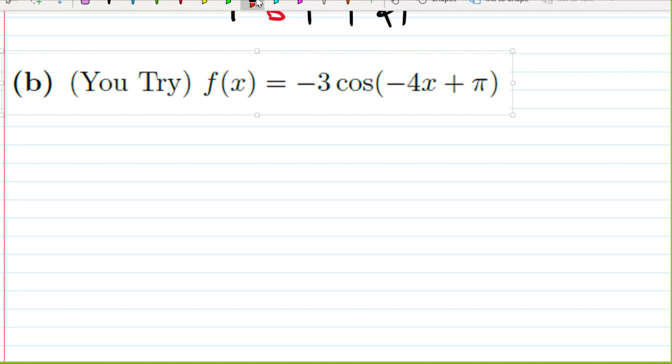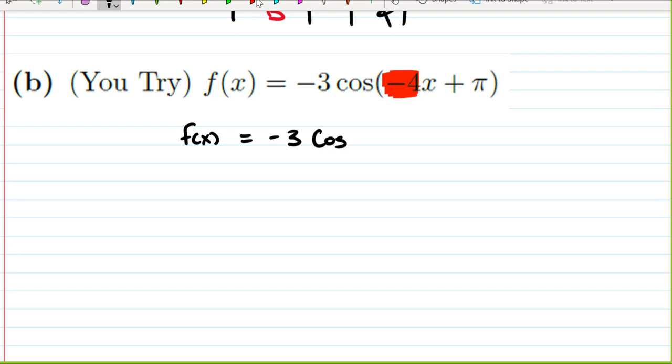So we identify our b as -4, and if we factor that out, we're going to have f of x equals -3 times the cosine of -4 times x minus pi over 4.